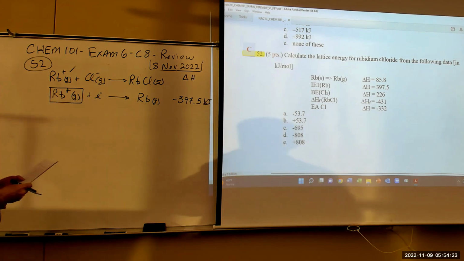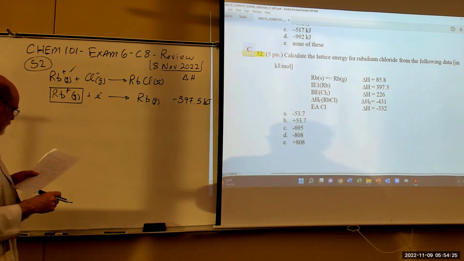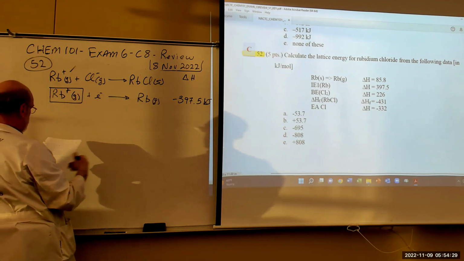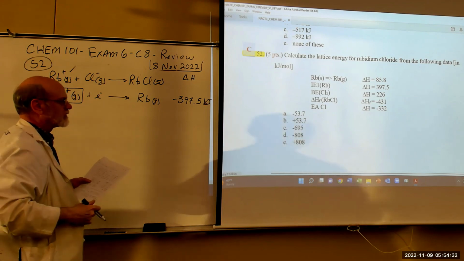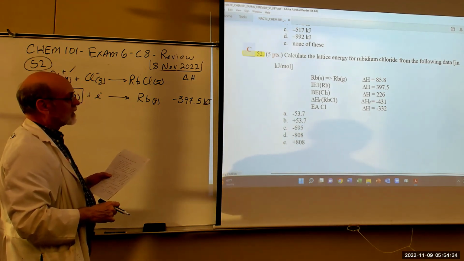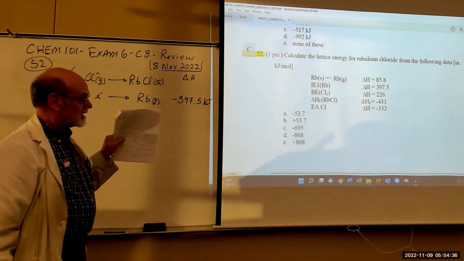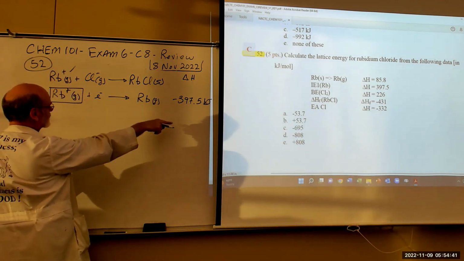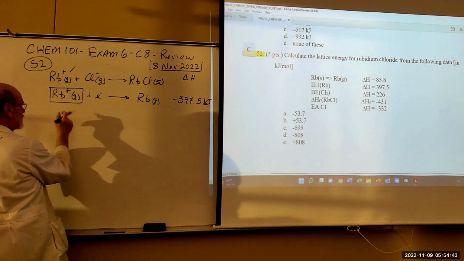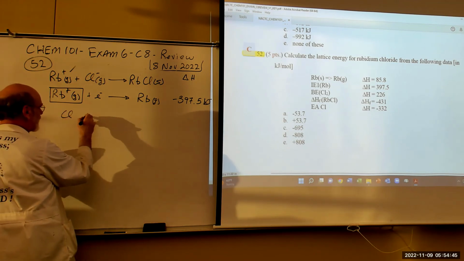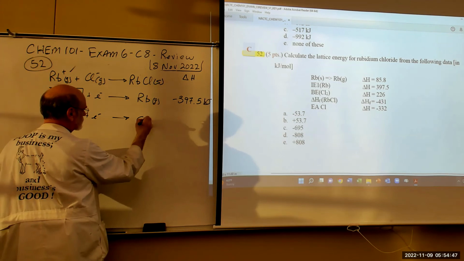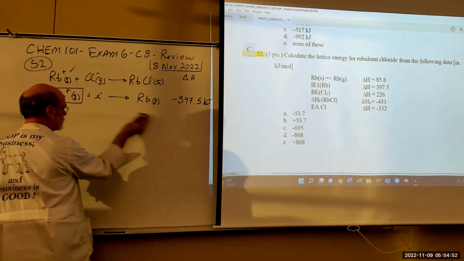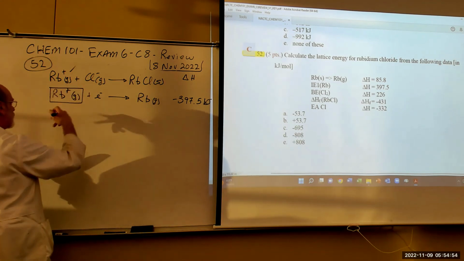Now we're going to deal with the chloride ion. Right? Chloride ion on this side. Where do we have the chloride ion? Well, in the electron affinity, we have a chloride ion that's formed on that side. If we add an electron to this one, we get that one, right? So we're going to flip that one also and put the chloride on this side.